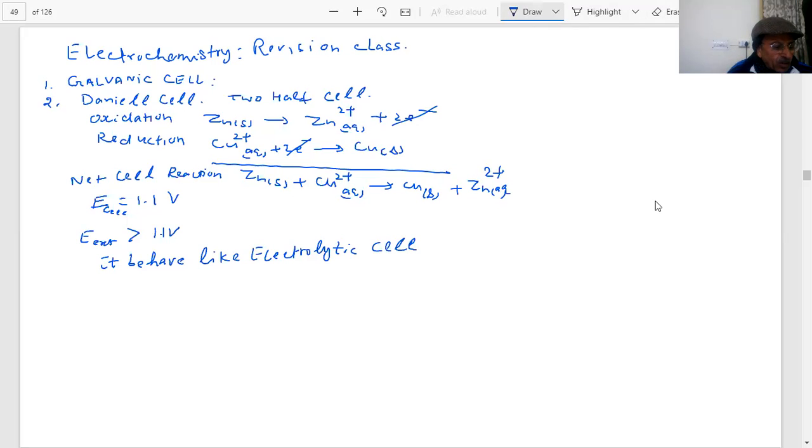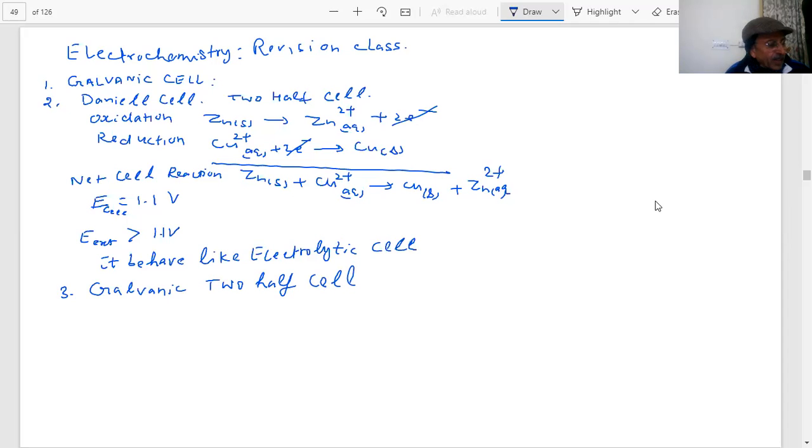Further, what we told you, student, any galvanic cell can be prepared by joining two half cells. Whenever you join two half cells, what you will get? A cell. The question is, student, will the cell work or not? That is the point. How do we know whether the cell will work or not, student?